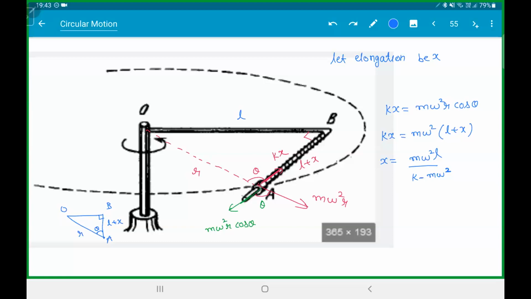It is not L root 2. Check your steps. Clear, everyone?